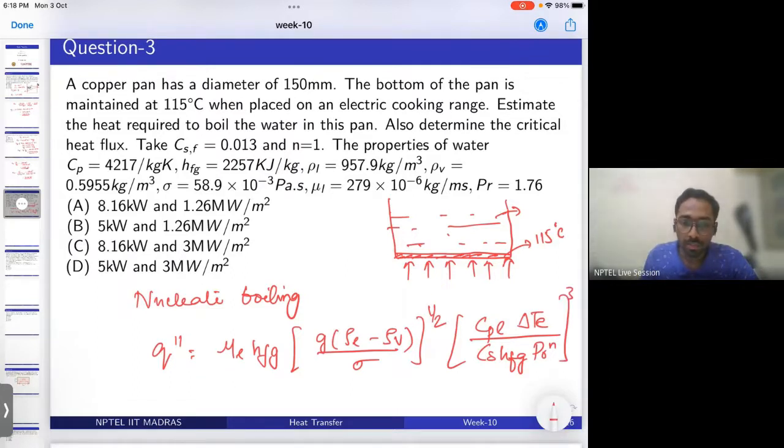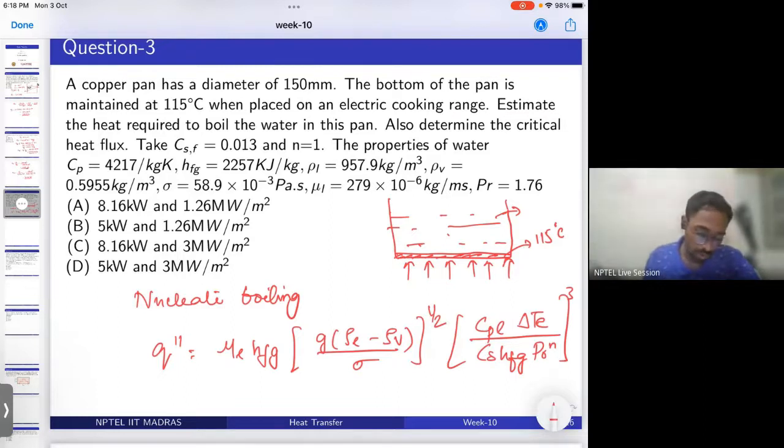Okay, so all these have usual meanings. Like mu L is the viscosity of liquid, hfg is the latent heat of vaporization, g is gravity.